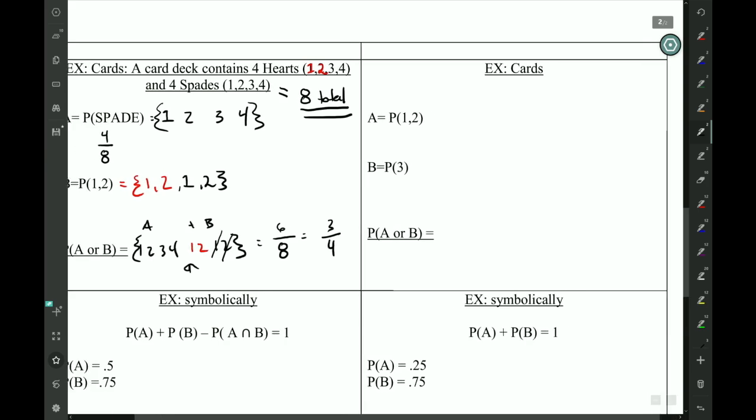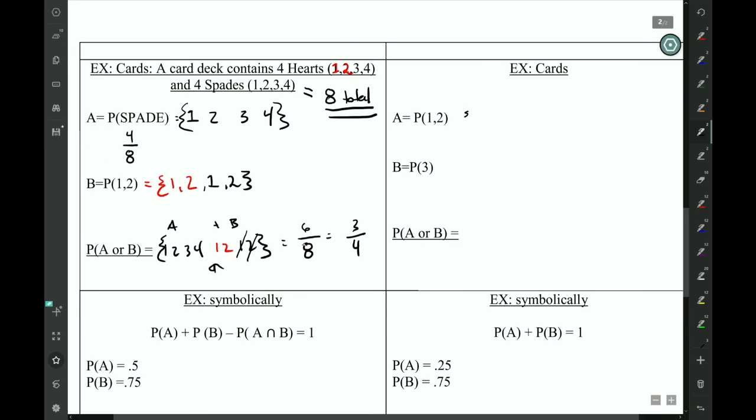Let's say on the other side here, I get a 1 or a 2. So that's either a 1, a 2 of spades, or a 1, a 2 of hearts. Or I get a 3, so it's either a 3 of spades or a 3 of hearts.